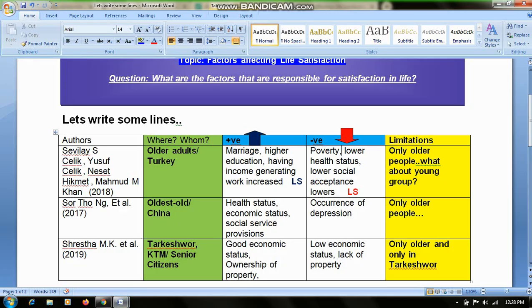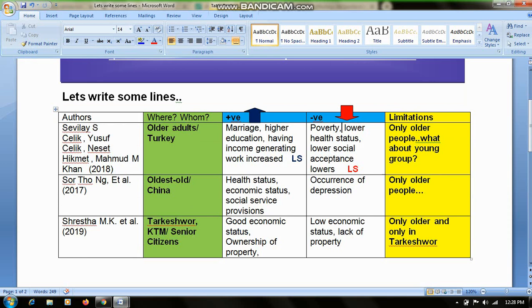Now what you will do, you will jot down the information here. Health status, economic status, social service, these increase life satisfaction. Occurrence of depression, poor social status, these lower life satisfaction. Okay, this is the evidence from China.